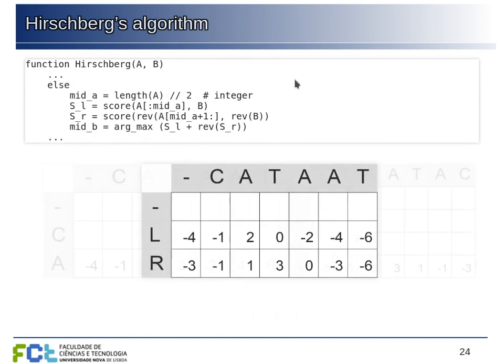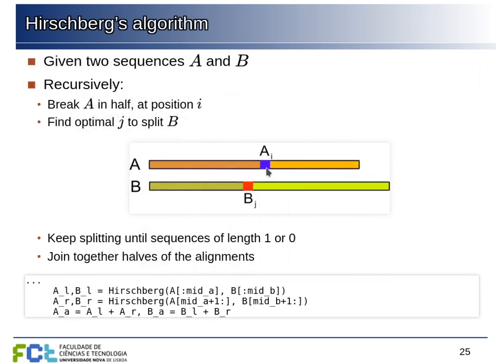So to sum up the algorithm, we are recursively breaking A in half, finding the optimal point to split B, so that we guarantee that the part before J in B is the one that aligns with the part before I in A in the global optimal alignment, and the same thing for what goes after.